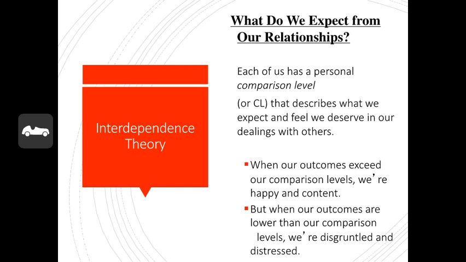Like if our comparison level is the bar that must be cleared, if the current relationship that we're in gives us more rewards than our general comparison level, we feel good. But when our outcomes are lower than our comparison level, we are not satisfied. We feel we could and should do better.